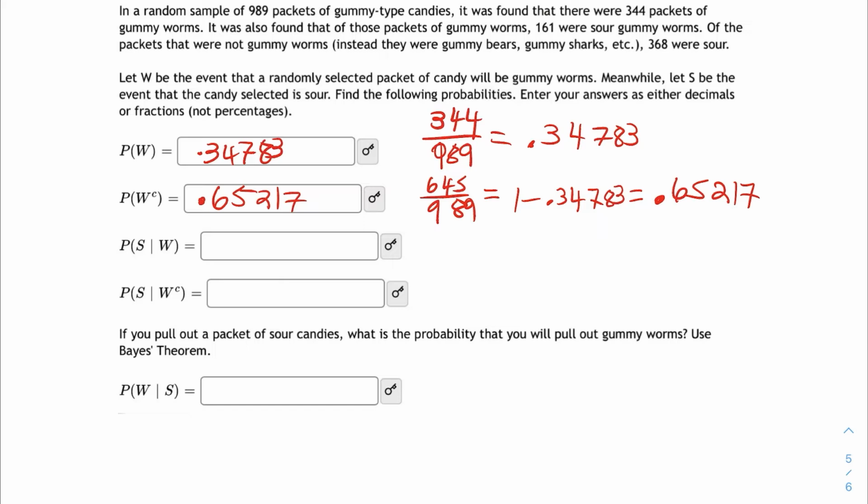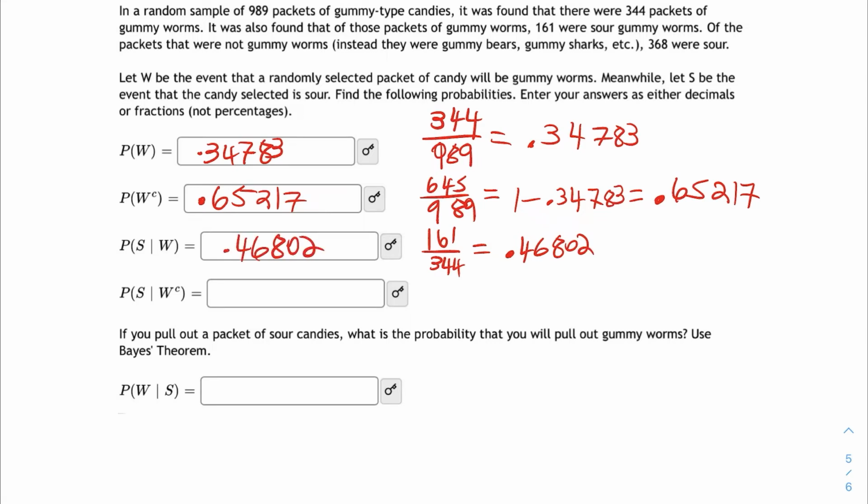That makes for a proportion of 161, but not out of the total 989. We already know that these were gummy worms, so there are only 344 of those. So that's 161 out of 344, which is 0.46802. Okay, that's this answer.